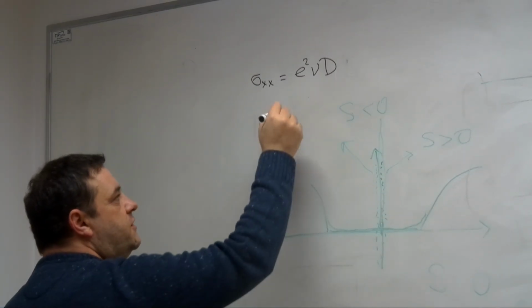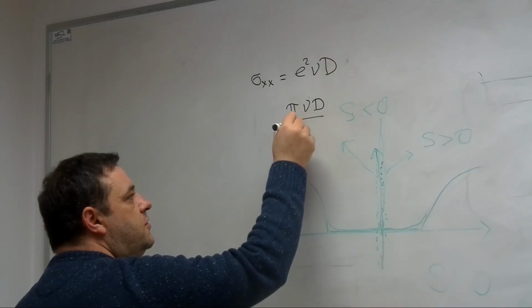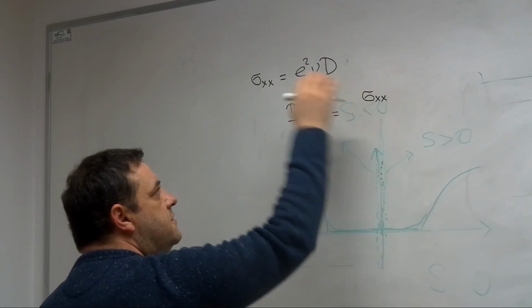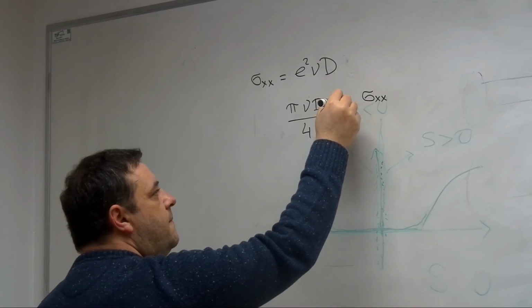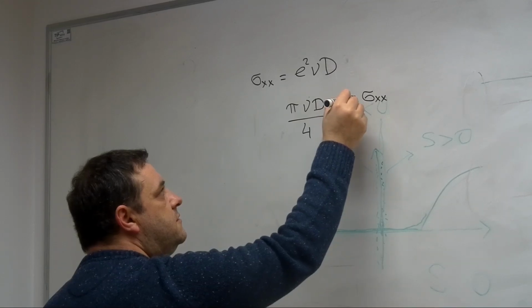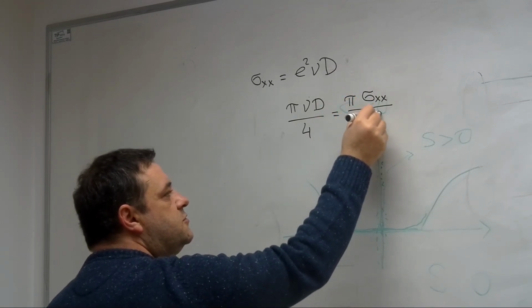And the coefficient we have there is pi nu d over 4, which is sigma xx times pi divided by 4 times e squared, right?